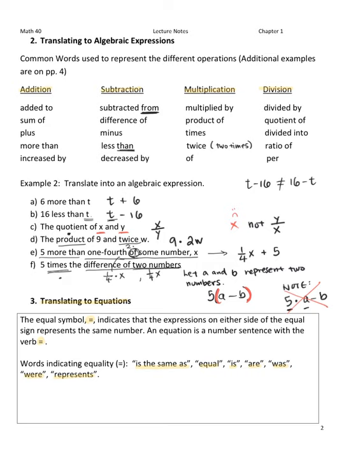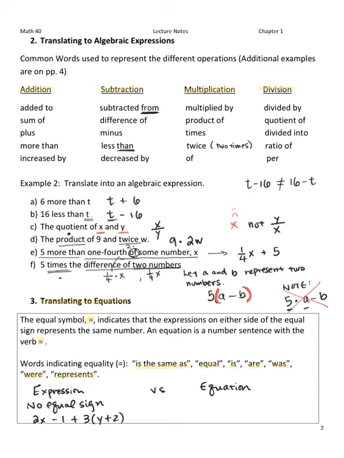All right, it is important to be able to distinguish between expressions and equations. So expression versus equation. No equal sign appears in an expression. For example, 2x minus 1 plus 3 times the quantity y plus 2.